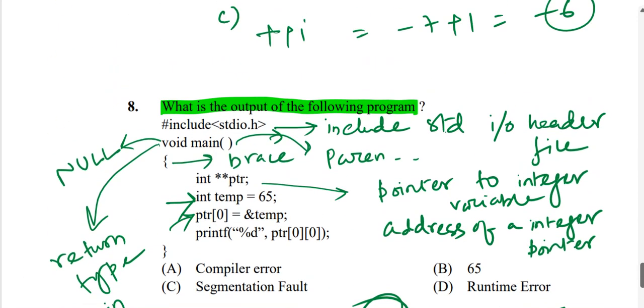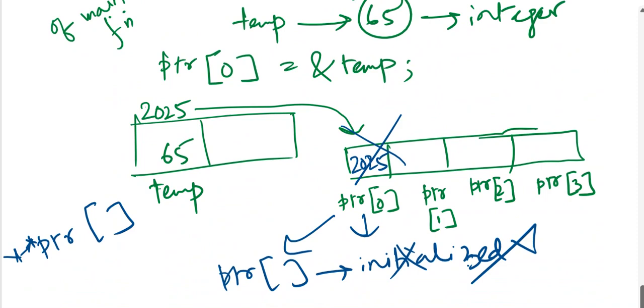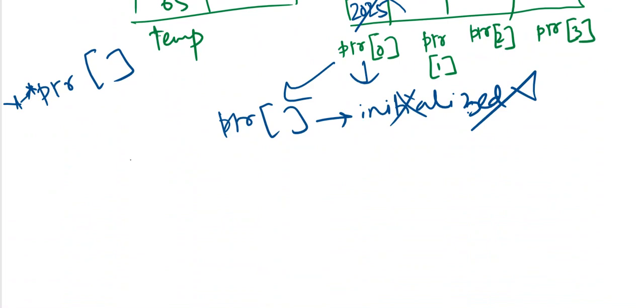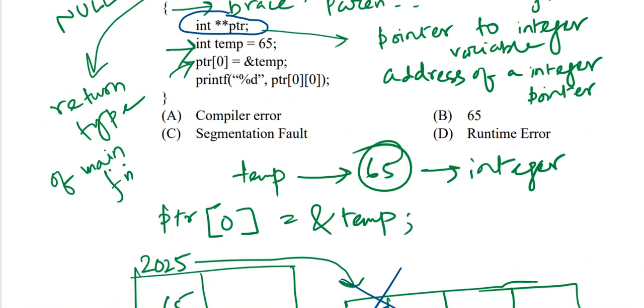Please check this point, int *ptr. Okay, so this will not be the same, and it does not point to a valid memory address. This line causes undefined behavior. This line causes, which line? This line.